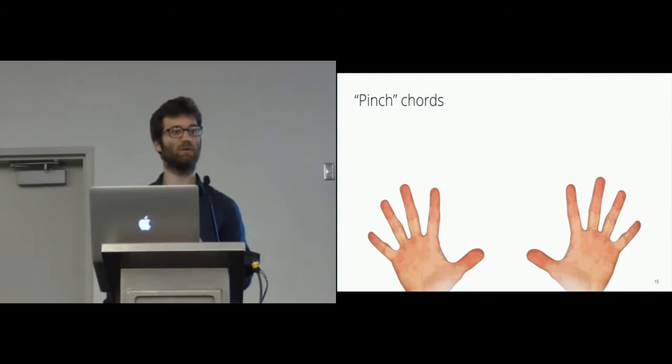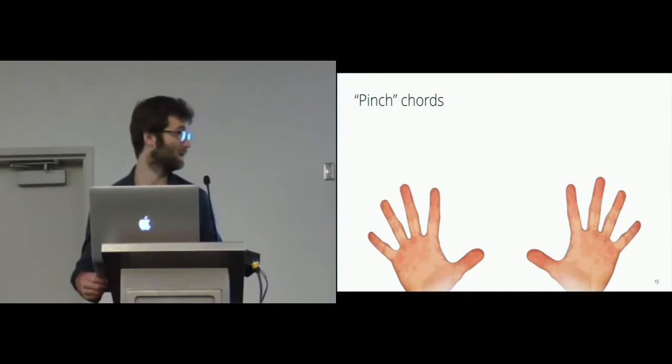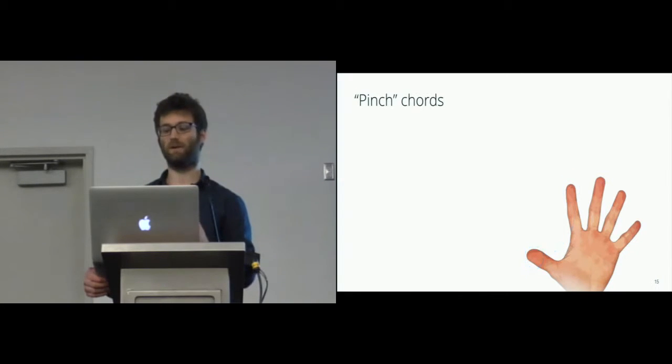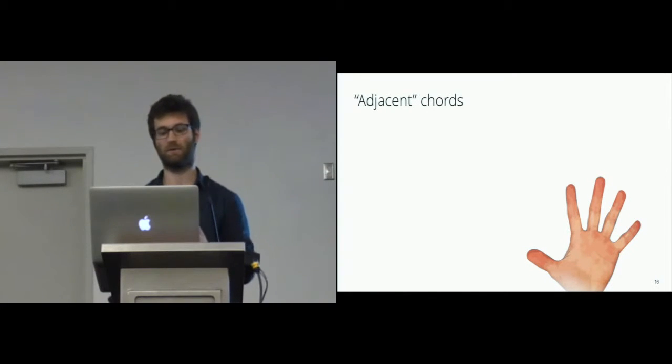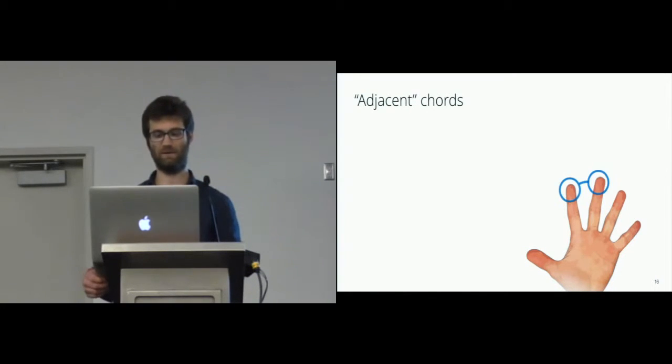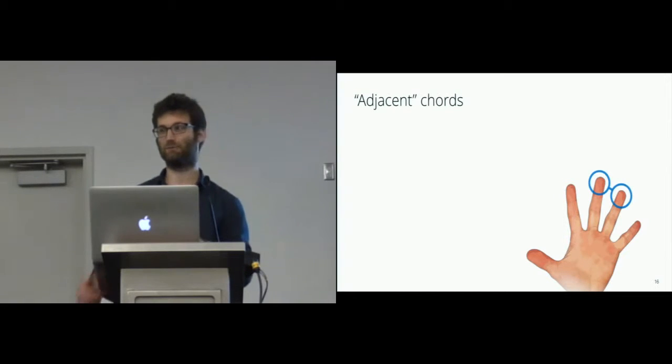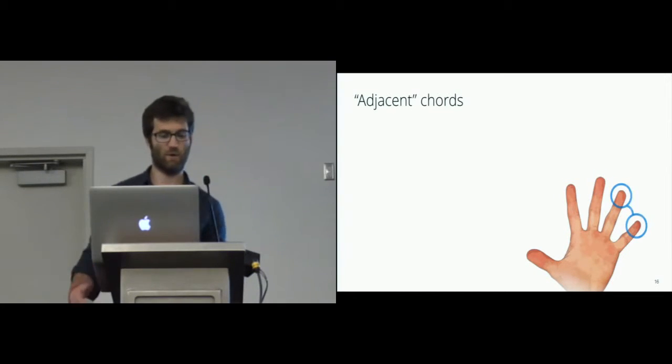We tested chords only in the dominant hand, and those chords were divided into 2 groups: pinches with thumb and index, thumb and middle, thumb and ring, and thumb and little, and adjacent chords, which are index and middle, middle and ring, and ring and little.